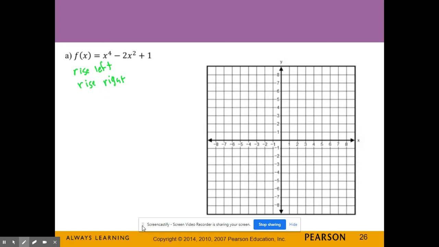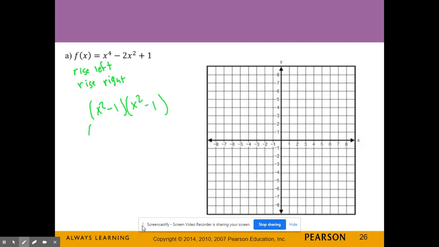So let's try to factor this. This is a quartic function that's in quadratic form. So I'm going to try to just factor it like it's a quadratic trinomial. So if it's x to the fourth, I'm going to have x squared there and x squared there. What multiplies to positive 1 and adds to negative 2 will be minus 1 and minus 1.